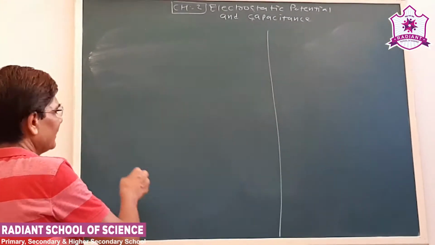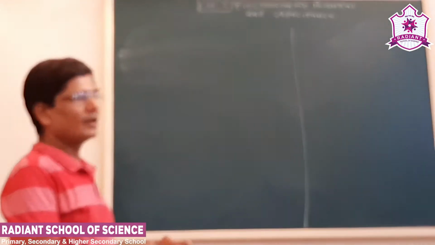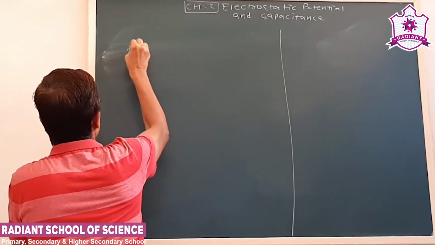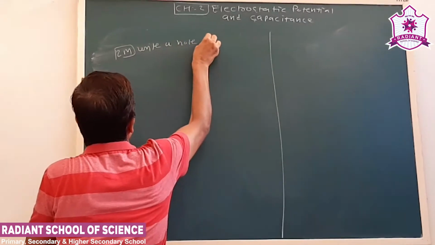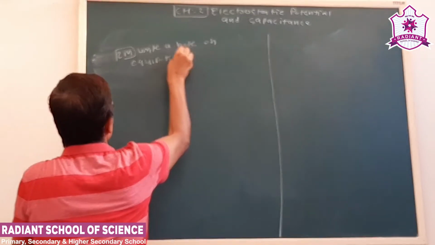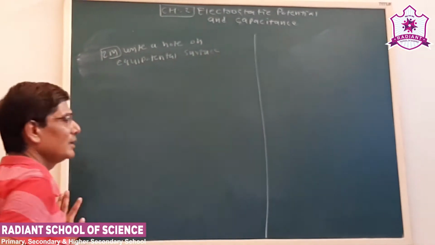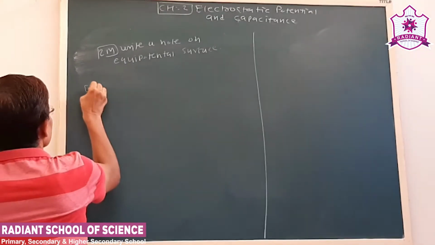Now our next theory is regarding the equipotential surface. This can be asked in 2 marks. Write a note on equipotential surface. First we define equipotential surface.